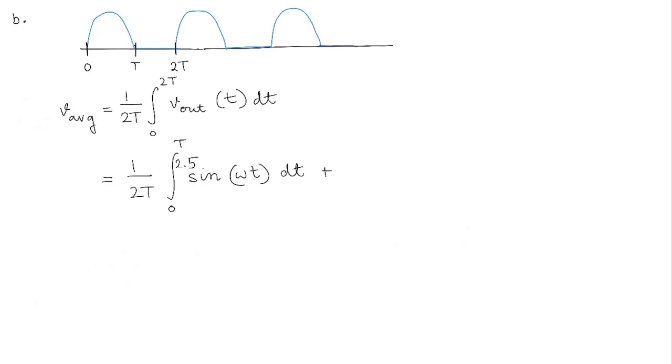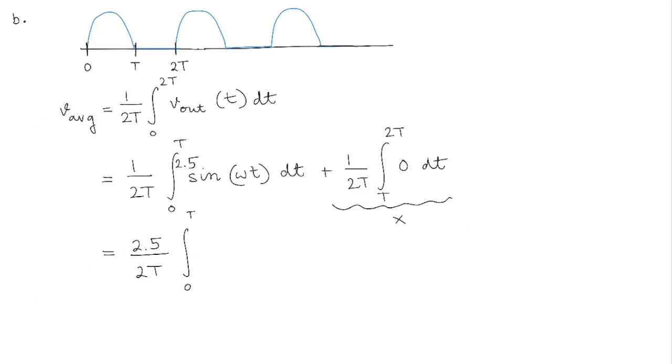Plus, what's the value from t to 2t? 0, right? 0 dt. So you can ignore this term because that just amounts to 0, and we'll calculate the first term. So you get 2.5 divided by 2t, and you have an integration from 0 to t.